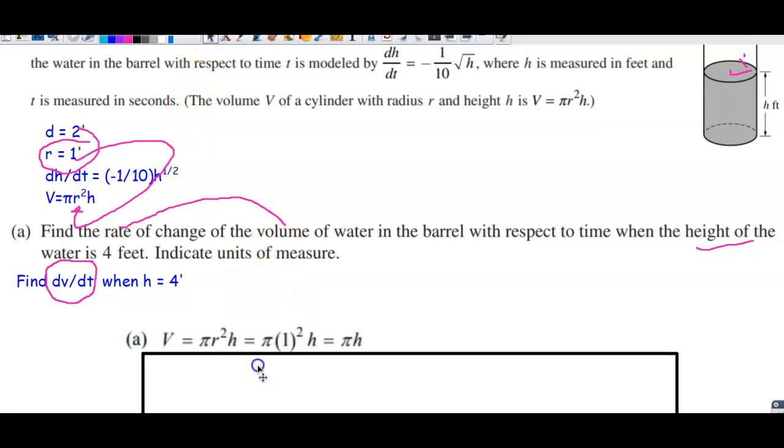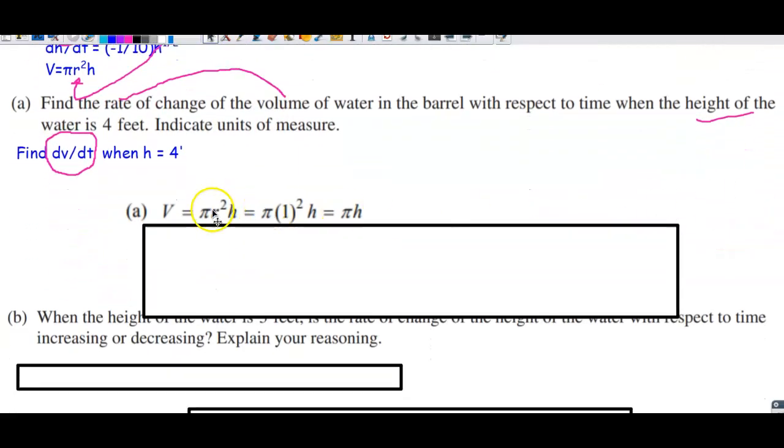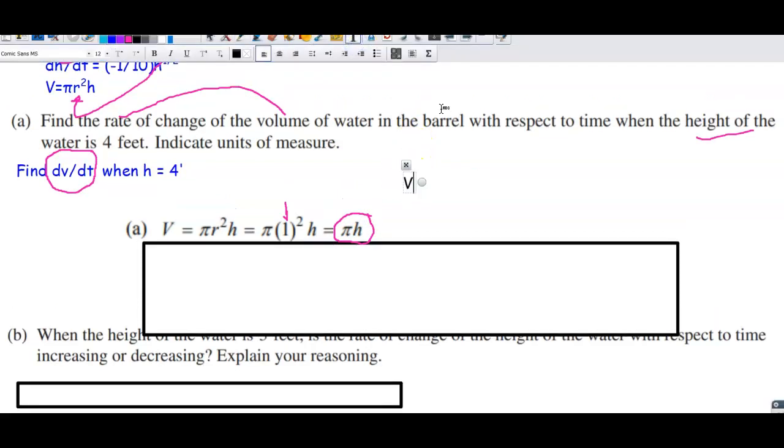So I begin with the formula given to me for volume, pi r squared h. As I said, we're going to substitute the 1 from the very beginning, which gives us a simple formula for volume to be pi h. So now V equals pi h.